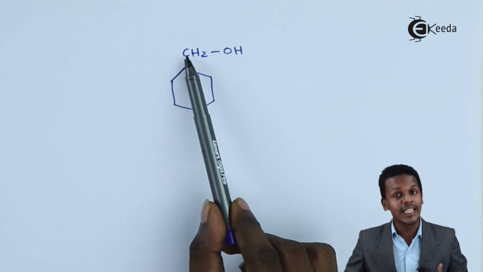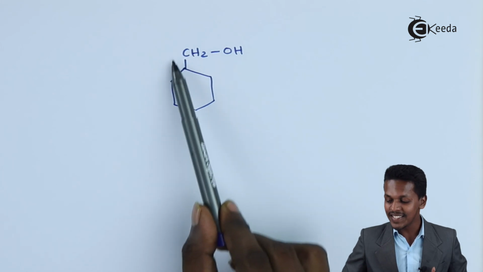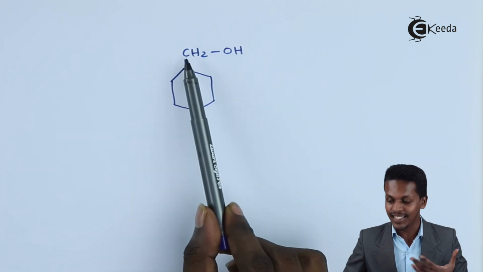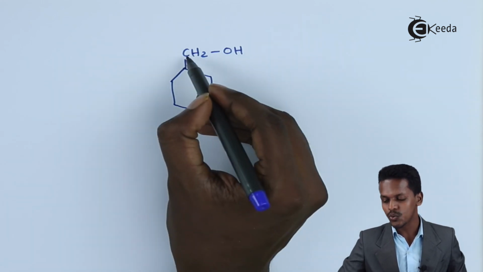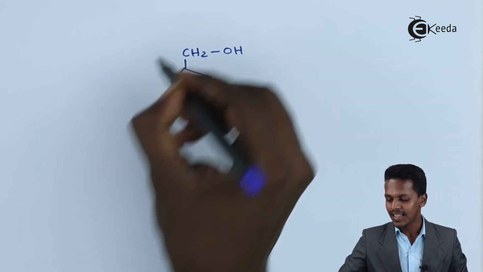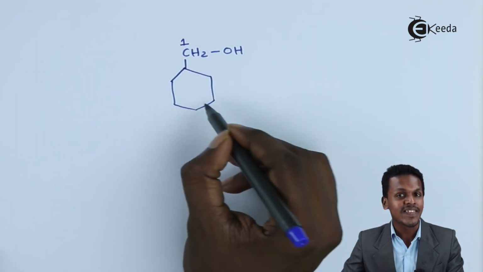But if we take this one, this is the carbon atom where the functional group is attached. So this is the longest chain, and the cyclohexyl group is attached to this carbon atom, and that's the reason this one will be carbon number 1, to which a cyclohexyl group is attached.